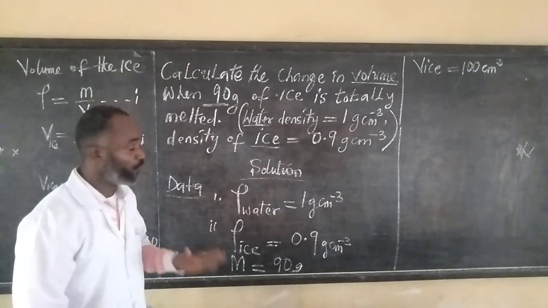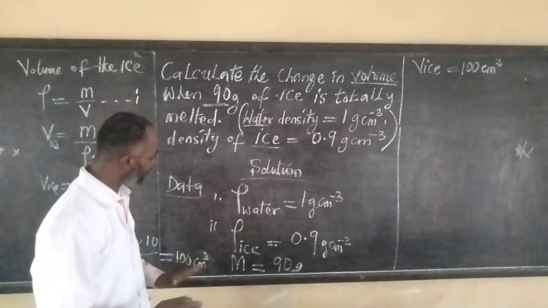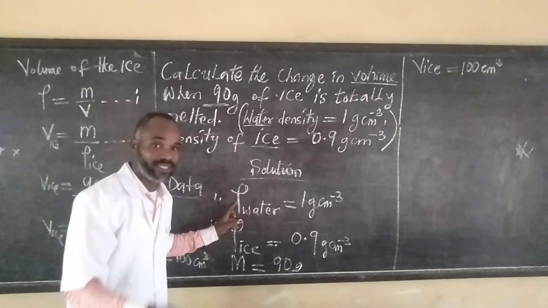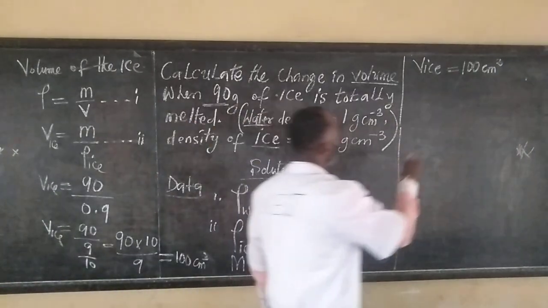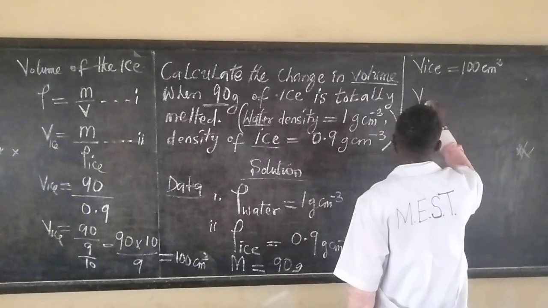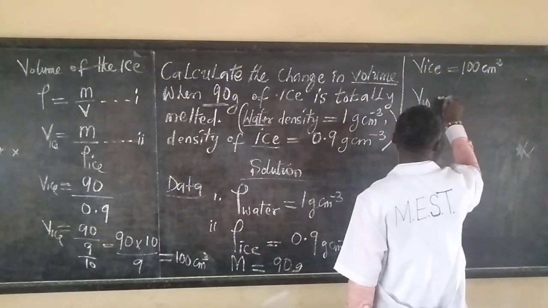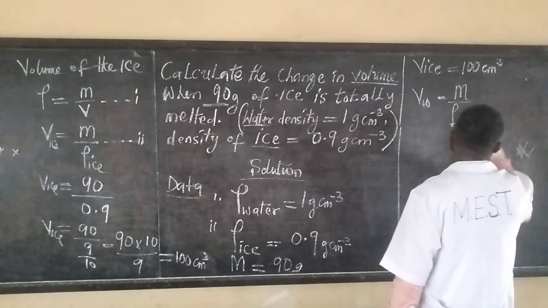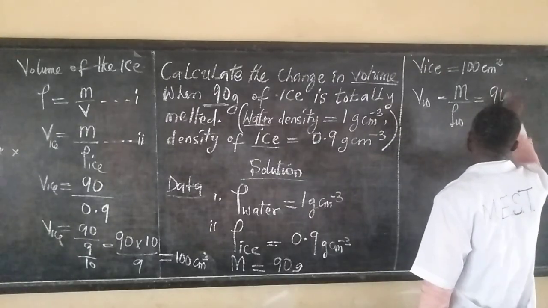Now let's look at finding the volume of water, because the ice has melted into water now. So the next thing we're going to find is the volume of water after the ice has melted. The volume of water is VW. VW is equal to mass over density of water. Mass is 90 as usual.